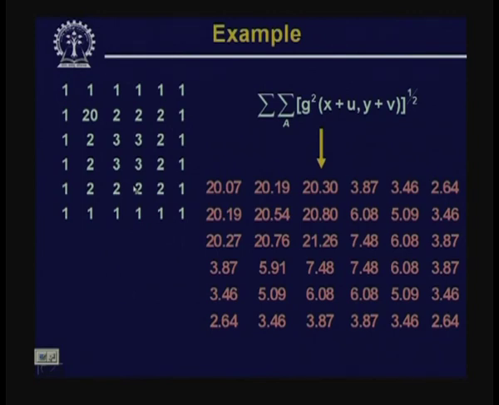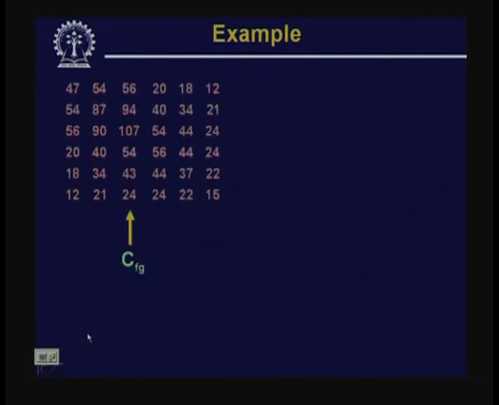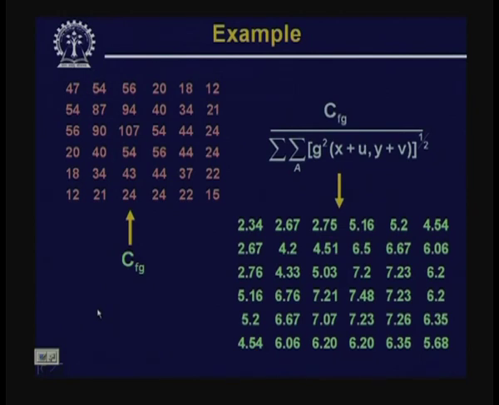Then we have to normalize the cross correlation with these normalization factors. This is my original cross correlation coefficient matrix that I computed earlier, and by using the normalization, what I get is the normalized cross correlation coefficient matrix, which comes like this.